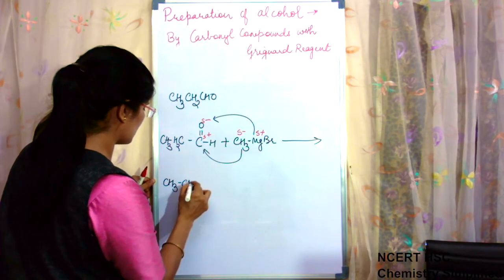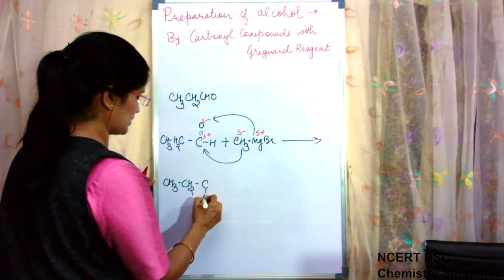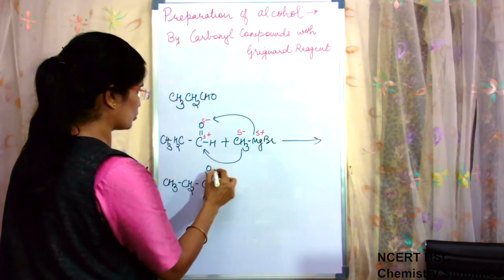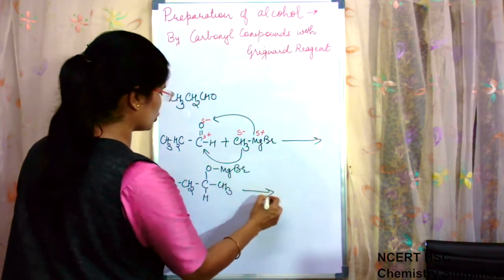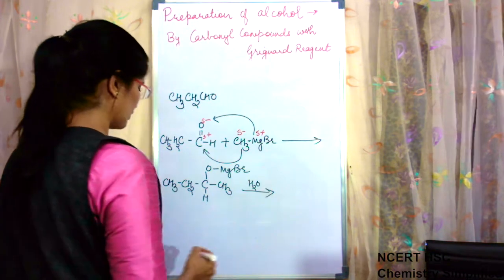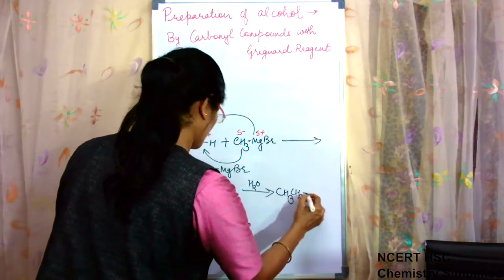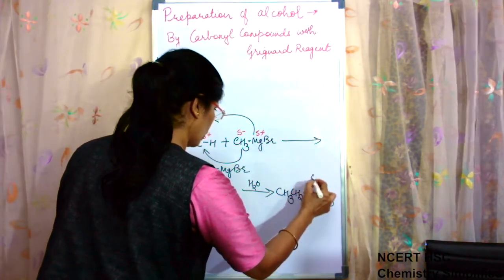CH3, CH2, C, this H is here, this CH3 is here, and this O, MgBr will come this side, which on hydrolysis will form CH3, CH2, CH, CH3, OH.